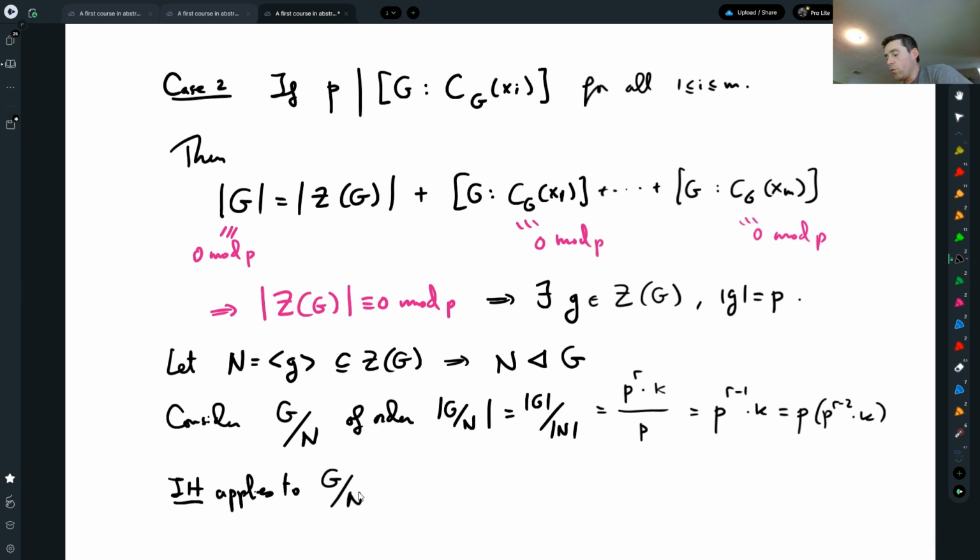And you see that we do have that p to the r minus 1 divides the order of the group. So there is a subgroup, let's call it H tilde, of G mod N of order p to the r minus 1. And now I want to build back a subgroup of G of order p to the r. How do I do that?